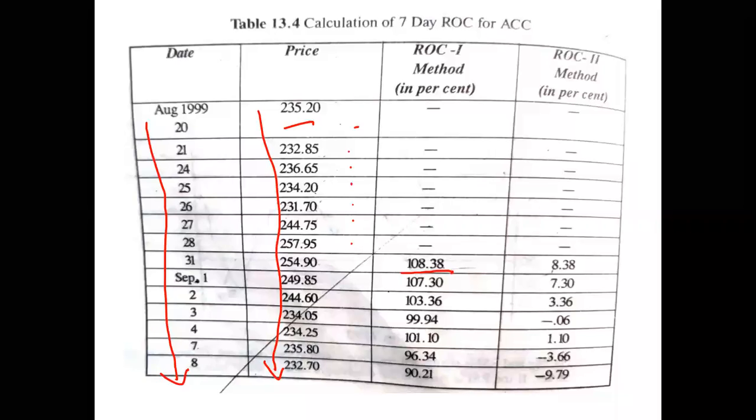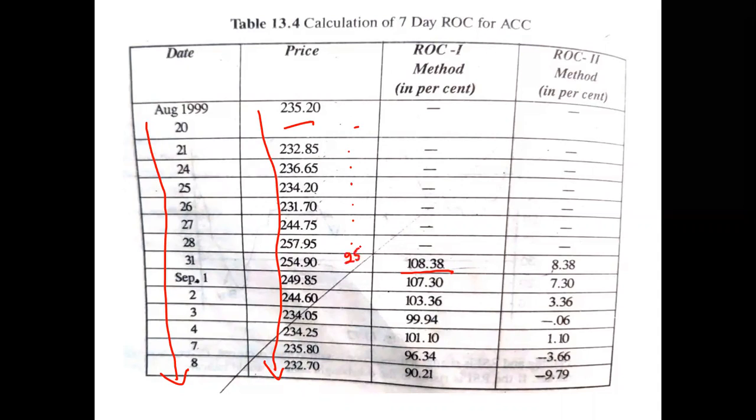If you see here, 254.90 is divided by 235.20, and we get 1.0837, which is multiplied by 100. So we get 108.38.